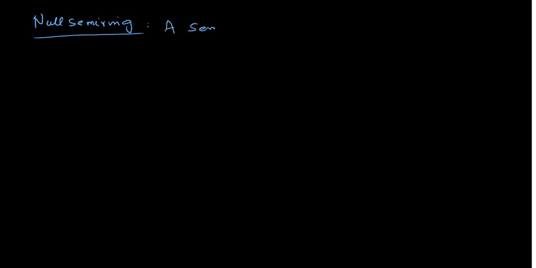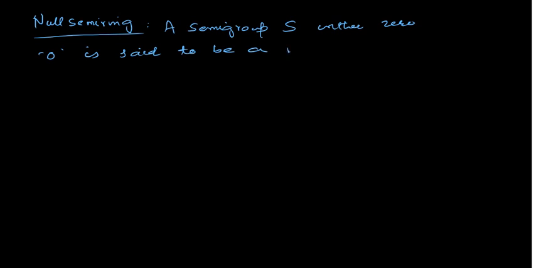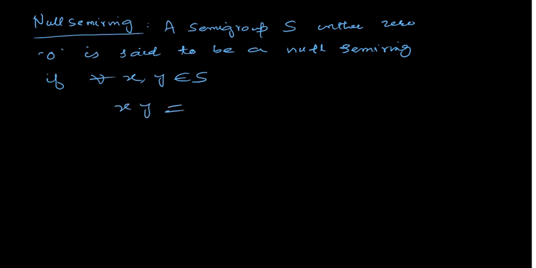A semigroup S with zero, the element which we denote by 0, is said to be a null semigroup if for all x, y in S the product xy is equal to 0.